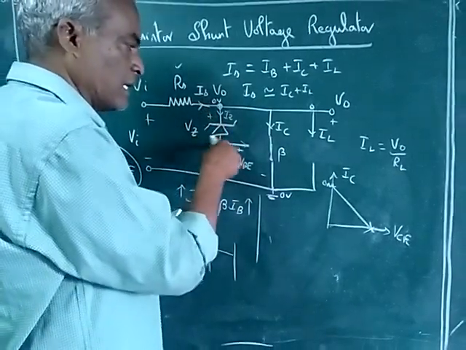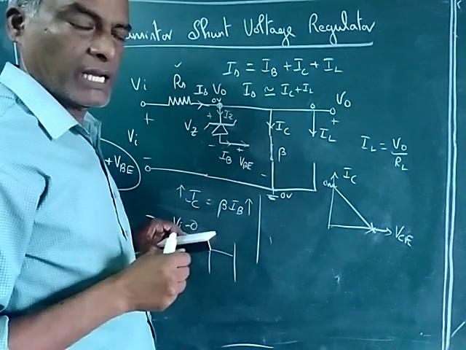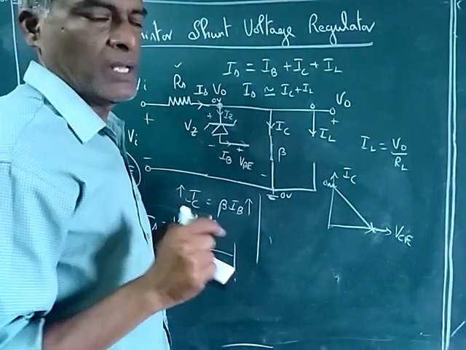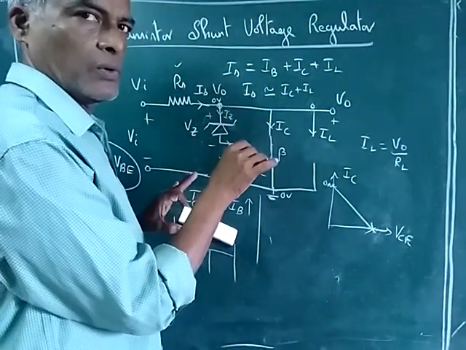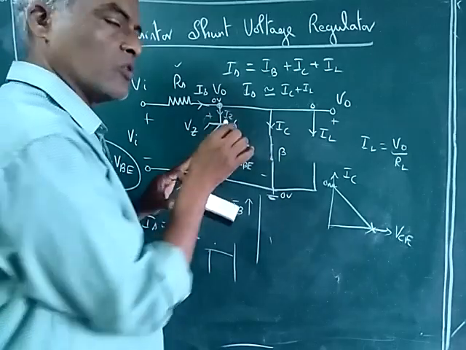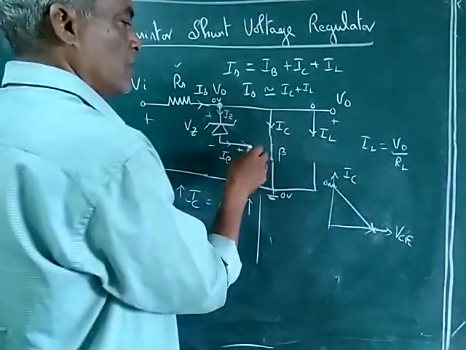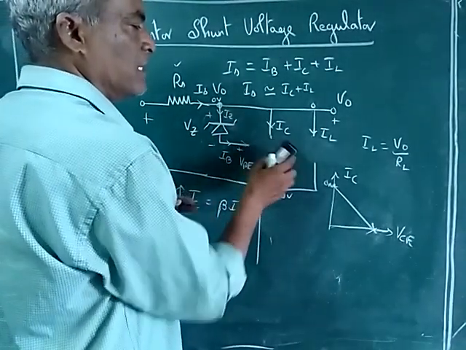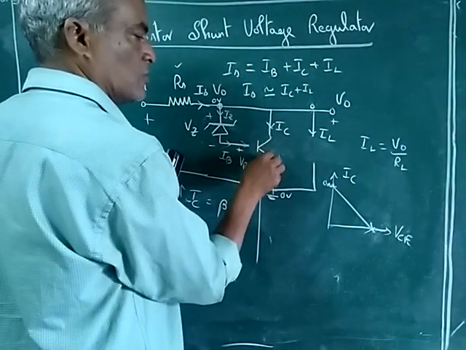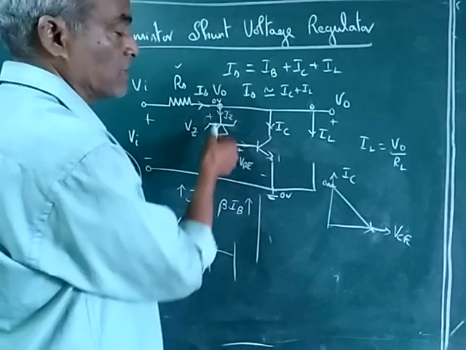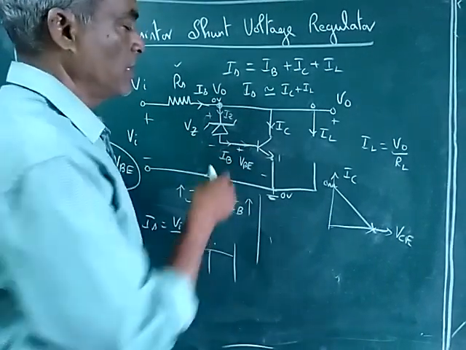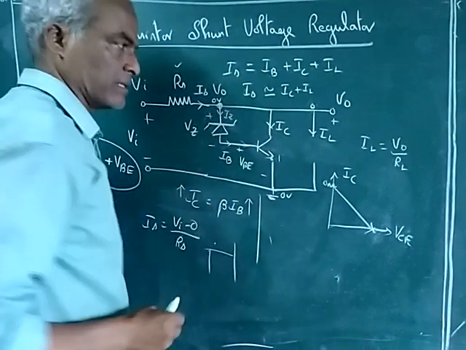The entire current has to be taken by the Zener diode. That's why, to protect this Zener diode, or so we can use a low power Zener diode, we go for the transistor. That's the idea. The current is carried away by the transistor, because the base current is going to be negligible compared to the collector current.